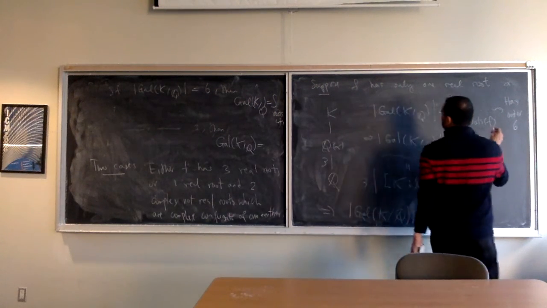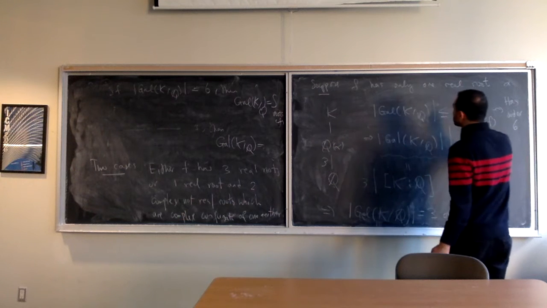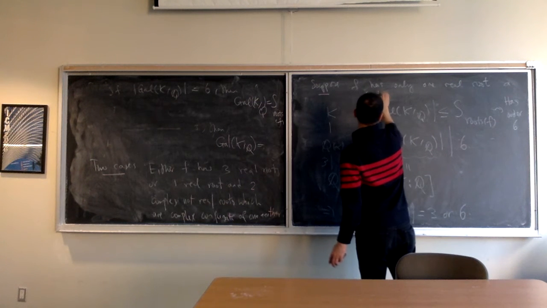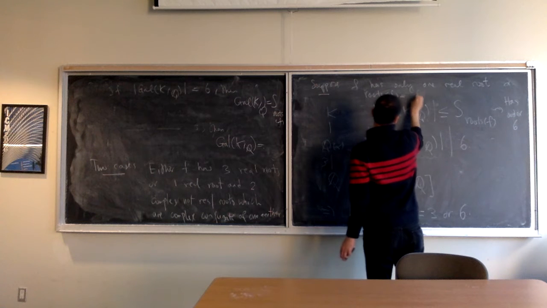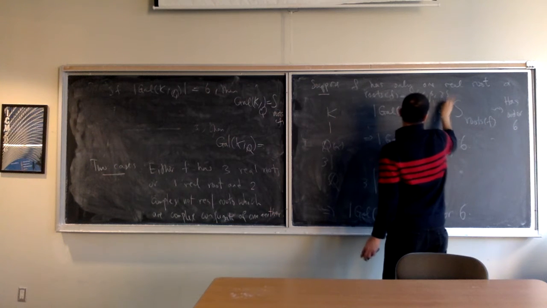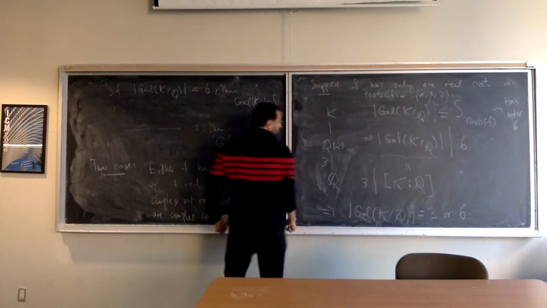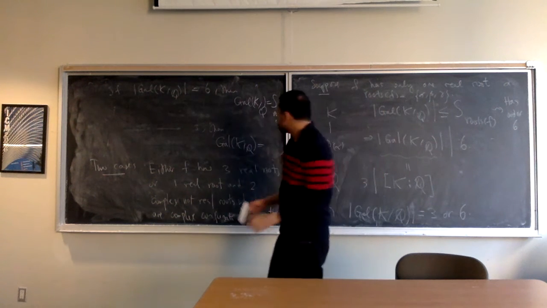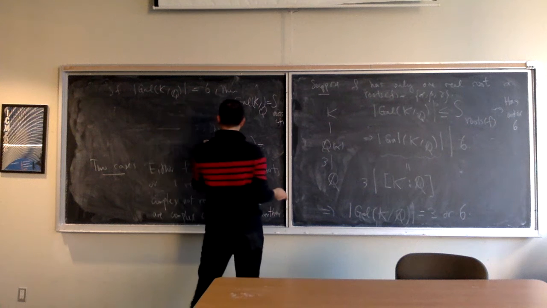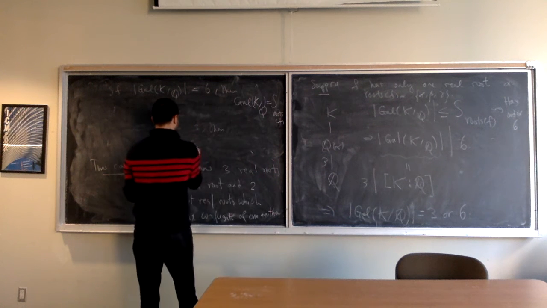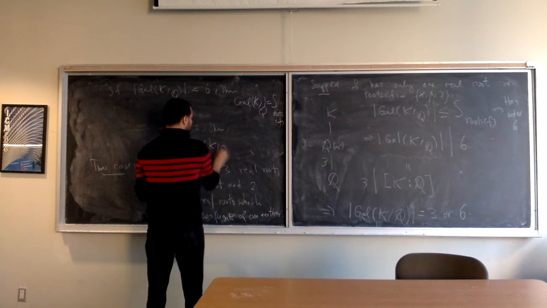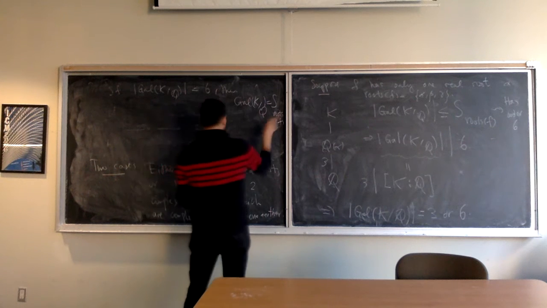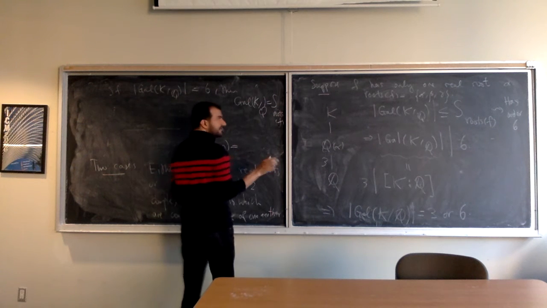If I call the roots of F alpha, beta, gamma, the only subgroup of order 3 of the symmetric group on that set is the subgroup generated by a 3-cycle.